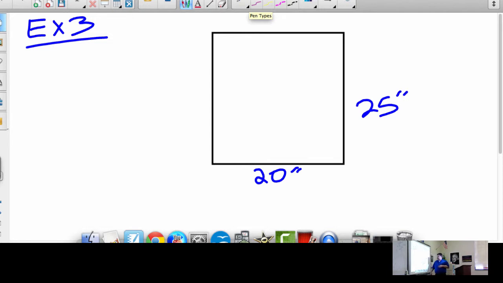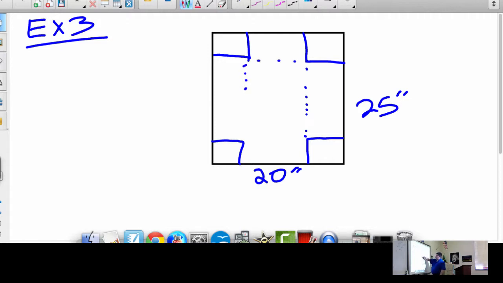And so what they want you to do is cut out 4 congruent corners, and then fold those sides up and that makes your box. So you're going to have an open top box. And so when you're done, your open top box will sort of look like this.